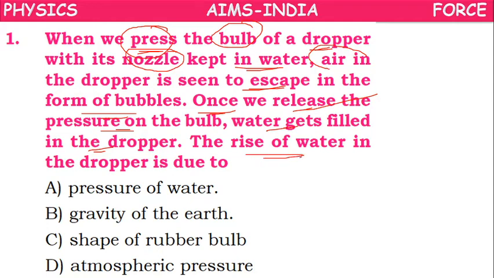So the rise of water in the dropper is due to... you might have observed an ink filler, which is used to put ink into the pen. Nowadays everybody makes use of a ballpoint pen, but in earlier days we used to have ink pens and ink bottles.